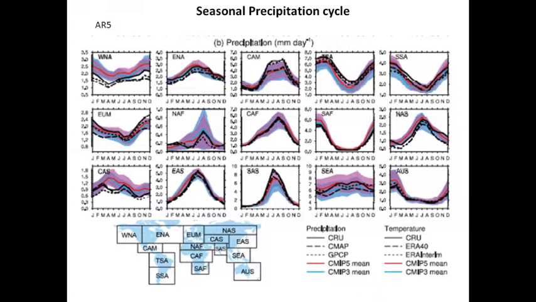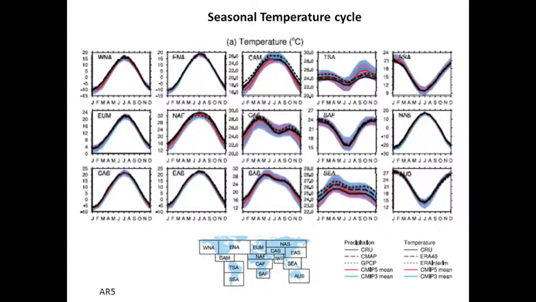Central Asia has some problems also in this month. And this is with relation to seasonal precipitation, and here with temperature. And when we compare precipitation with temperature, we see that the temperature is better represented by the models than precipitation.